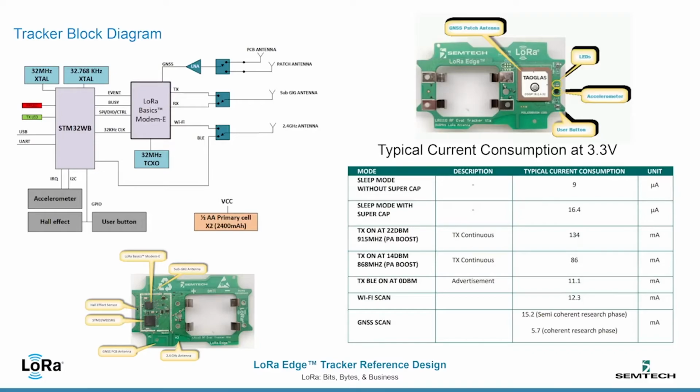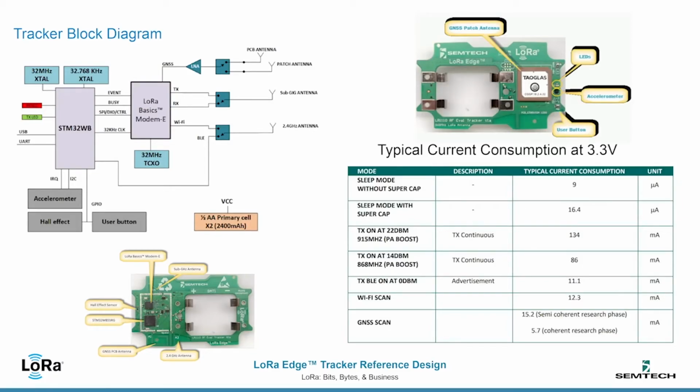For power consumption, we have a table here showing the sleep mode both with and without a supercap. The diagram here shows the configuration without a supercap, so that would be the smaller sleep current of 9 microamps. It increases to 16 microamps when you include the supercap, which can be useful for power smoothing when your battery power goes low.